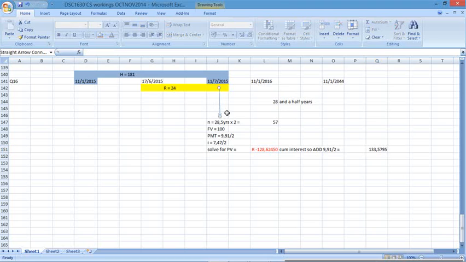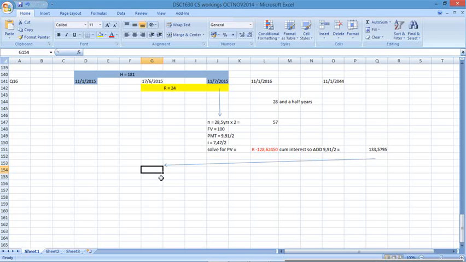Then what do I do with that answer? I then take that answer back in time using what? Fractional discounting. So future value equals that figure there.